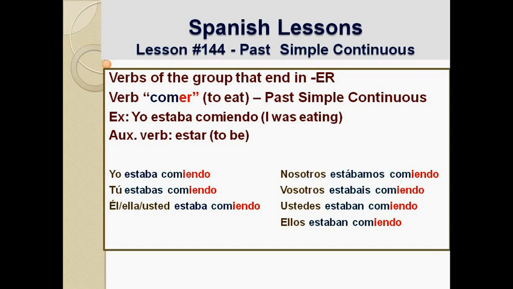So since the verb we conjugate remains unchanged only with this ending that is in red, then actually we can use this same rule for regular and irregular verbs.